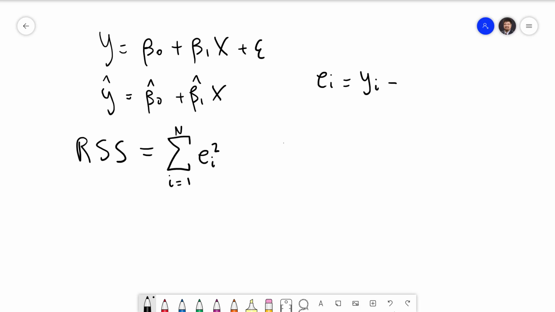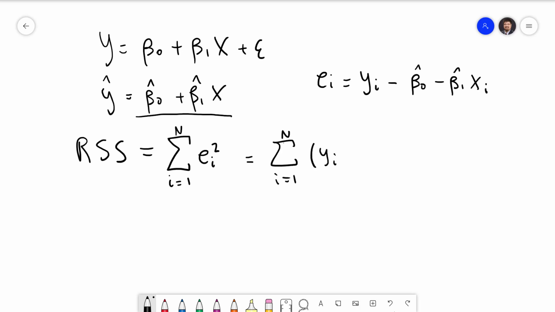So minus this y hat right here. So minus beta naught hat minus beta 1 hat x_i. So we're going to plug that in, and what we get is the sum of y_i minus beta naught hat minus beta 1 hat x_i, and square that whole thing.